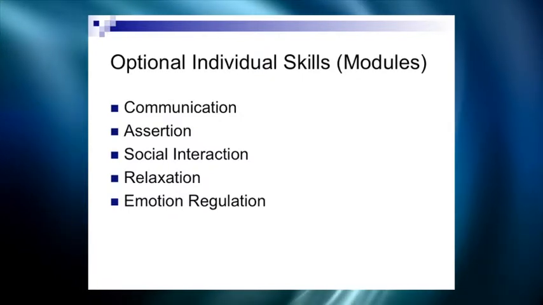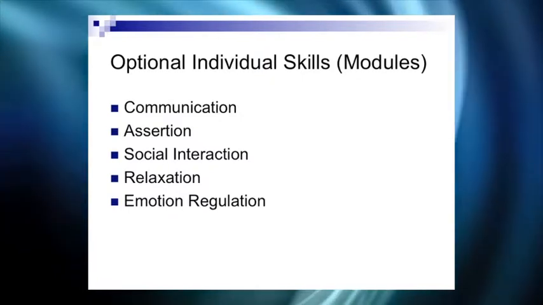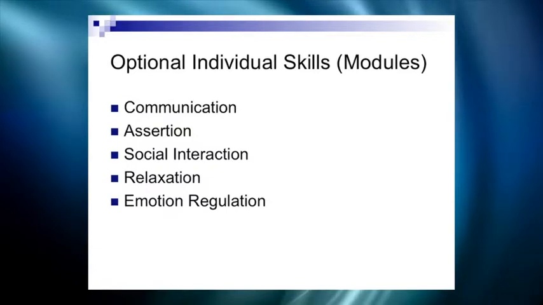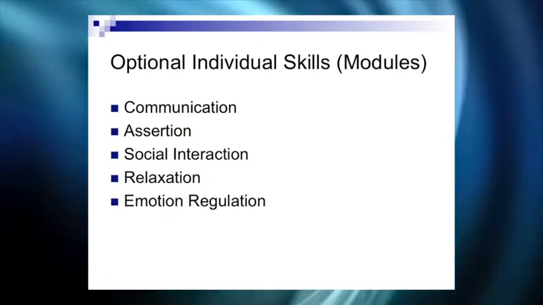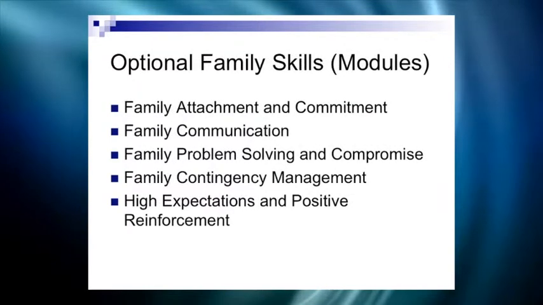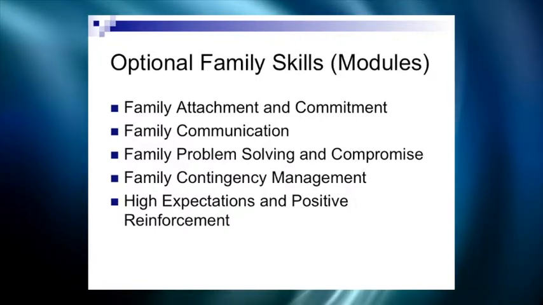You wouldn't want to do every one of them. You might want to do 1 or 2 of them, but they're all listed in there for you to pick from. And the one I talked about a little bit earlier on emotion regulation for the impulsive or the kids that hurt themselves.